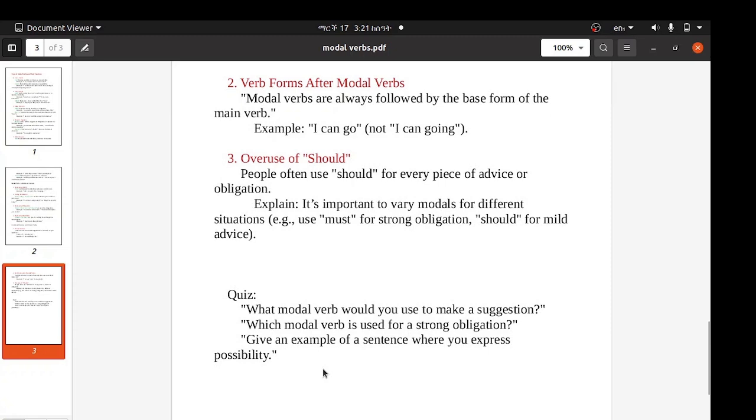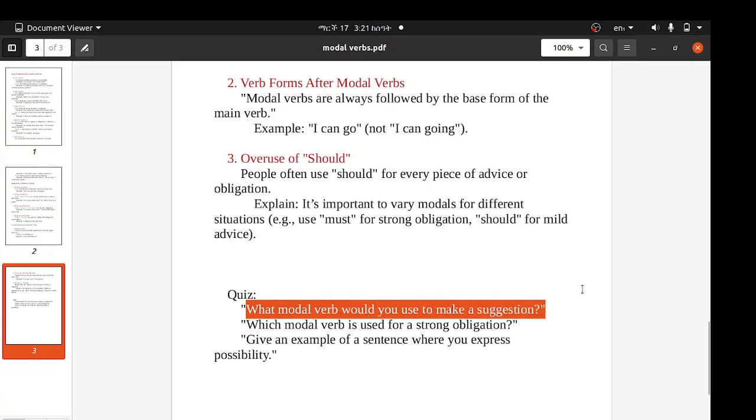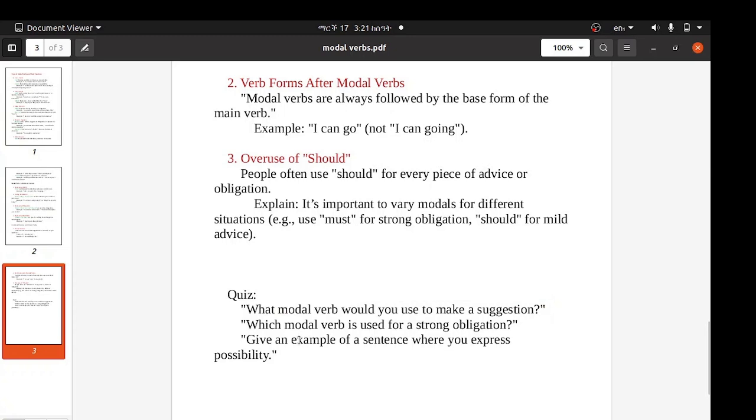At the end, I prepared 3 quizzes or 3 questions. Write your answers in the comment section. The first one is, what modal verbs would you use to make a suggestion?